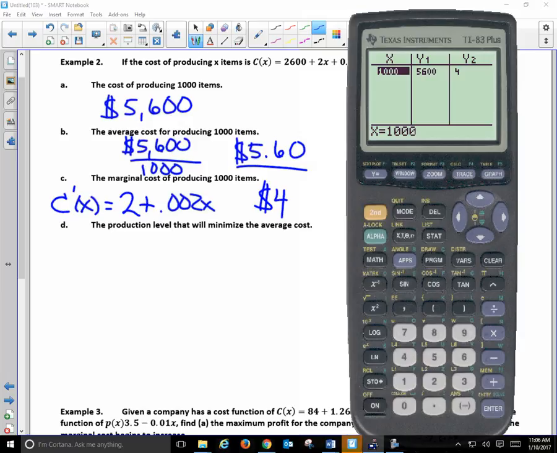Okay. All right, and then we get to the main point for today, the production level that will minimize the average cost. So I can give you the formulas, but you have to be able to interpret this on the test to understand what formula you pull. If you're going to minimize the average cost, what's our formula for minimizing average cost? Very good. That's the formula I use.